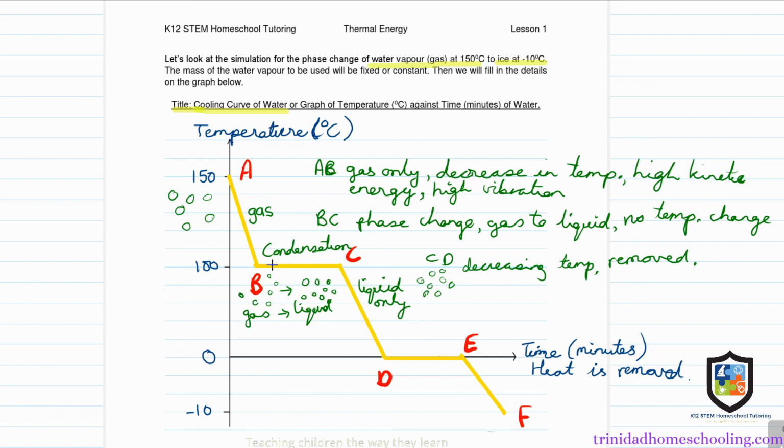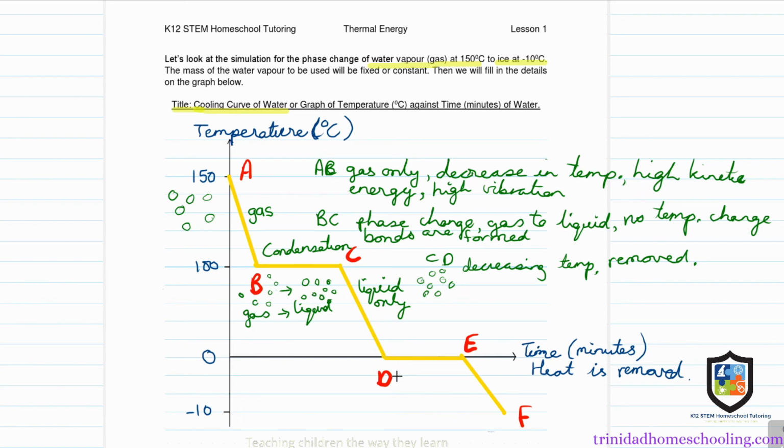Here, what do you think is happening to the heat that is being removed here? What is happening to this energy? Well, the energy here is being used to form bonds. So at BC, bonds are formed. Okay, so we go in closer from gas to liquid.